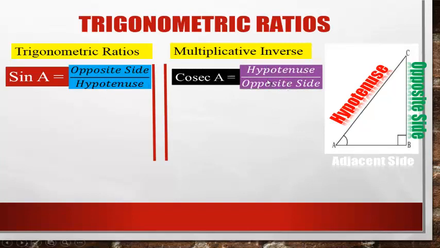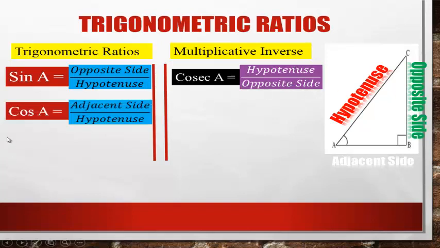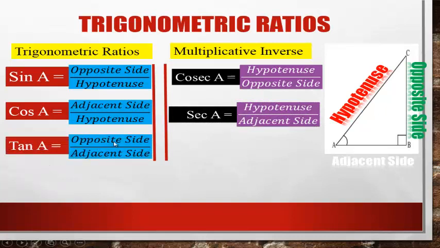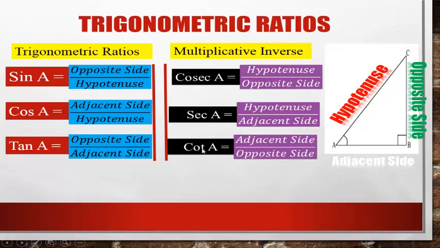Next, cos A is adjacent side by hypotenuse, and its multiplicative inverse is secant A, hypotenuse by adjacent side. Next, tan A is opposite side by adjacent side, and its multiplicative inverse is cot A, that is adjacent side by opposite side. These are all the trigonometric ratios in the trigonometry chapter.